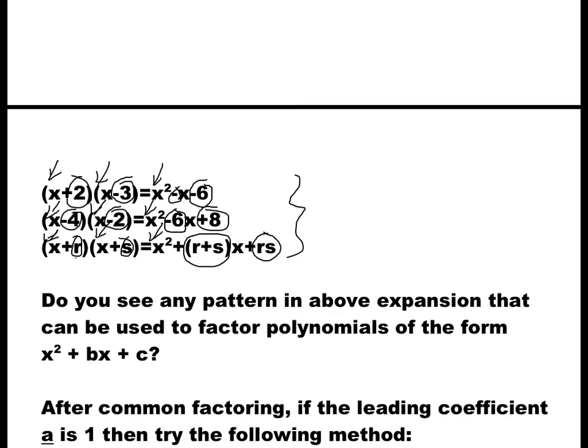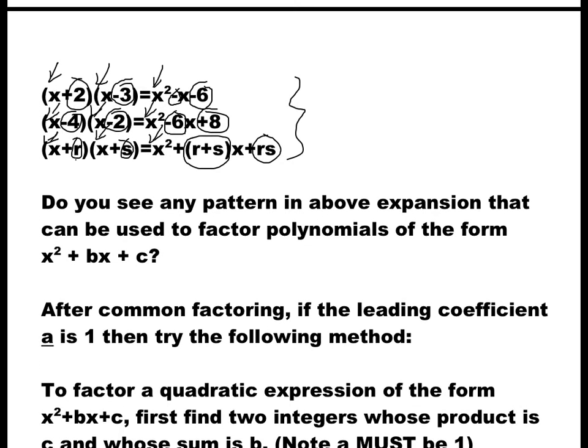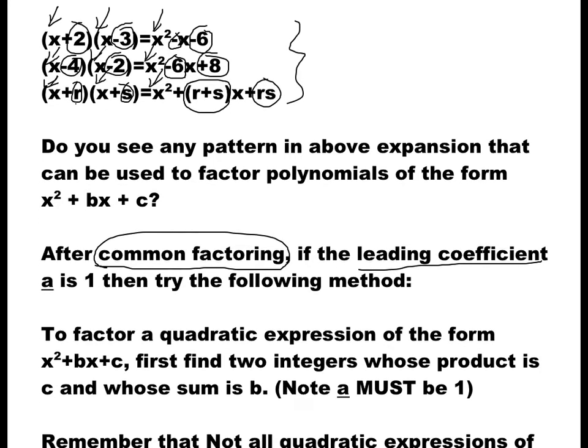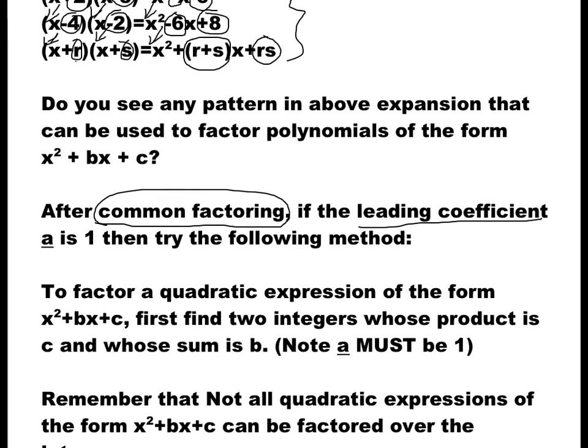So, the result is the following. If you remember, we said that the first step in any factoring is common factor. So after you do the common factoring, if the leading coefficient a is 1, then you are going to do what we call the sum and product method. In the sum and product method, we look at the quadratic, which is x squared plus bx plus c.